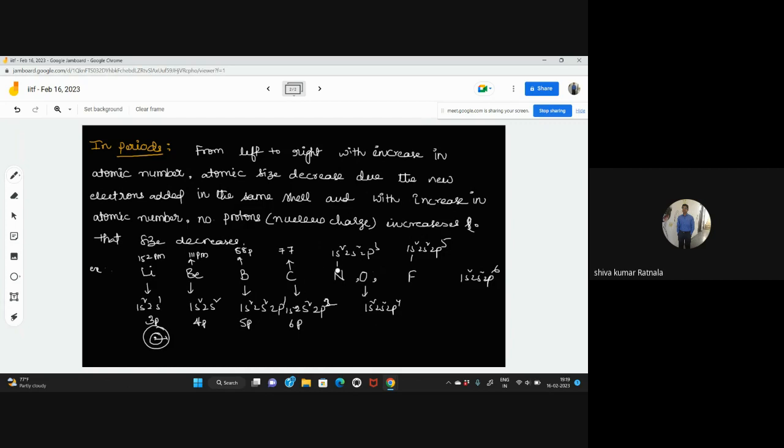Carbon 77, nitrogen 70 picometers, oxygen slightly it will become 74. See, as you are coming along, it gradually decreases. It is decreasing, no? So it is 74.